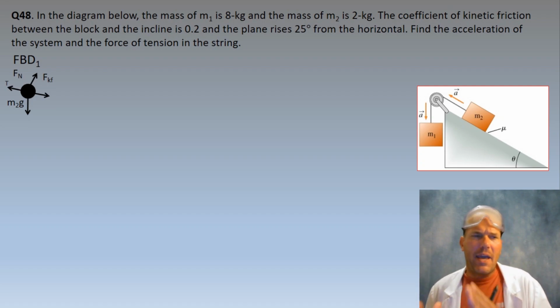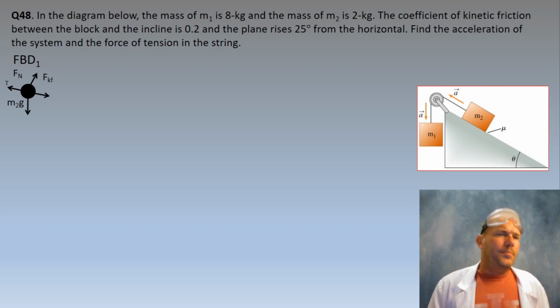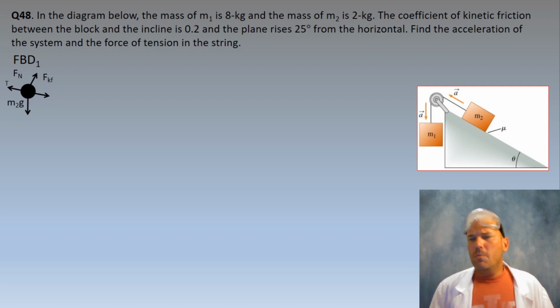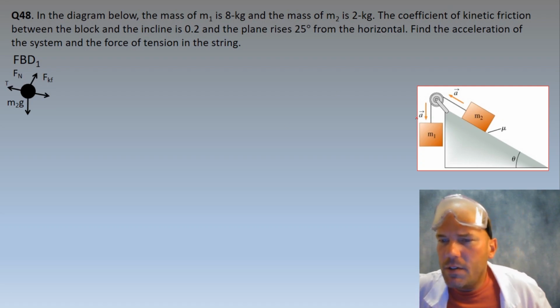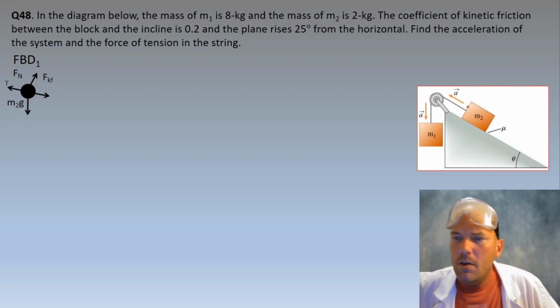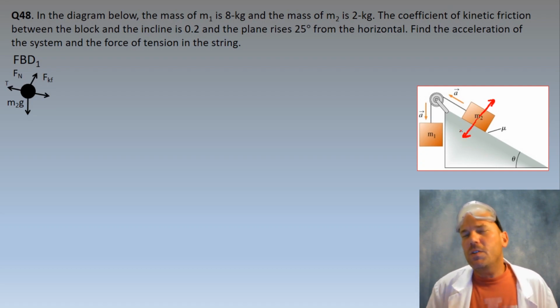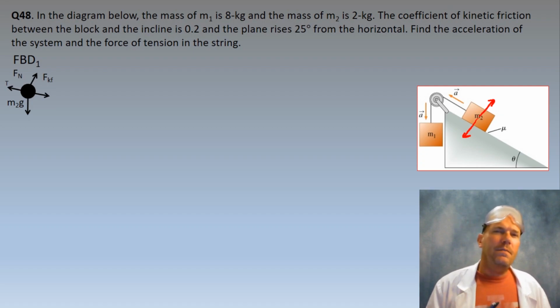Let's look at mass 2, which is the object on the incline. We have a force normal. That force is going to always be perpendicular to the incline. Okay, so if we show from the center of mass, and then we have the perpendicular component of the force of gravity, which we can find using mg cosine theta.